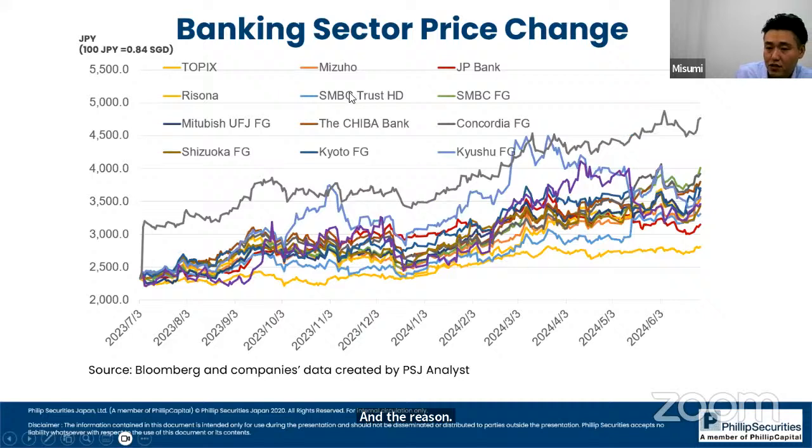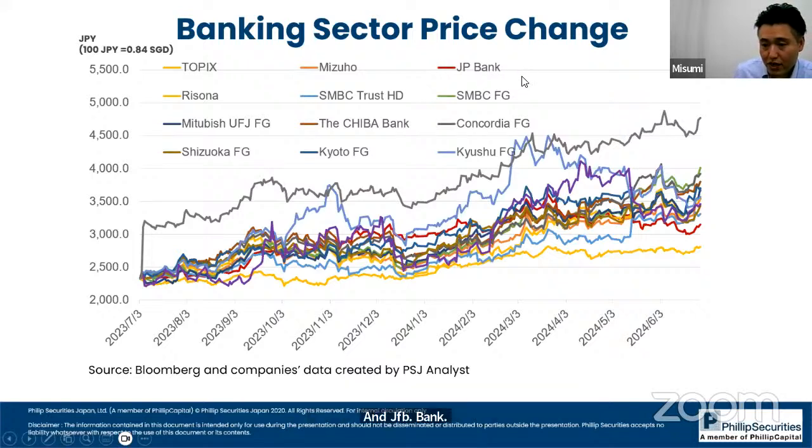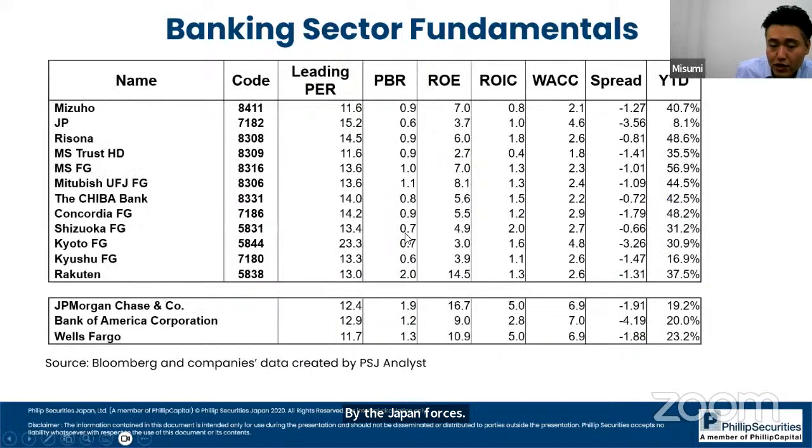Most of the banks chosen are the largest-cap megabanks, or regional banks like Chiba Bank, Kyoto Financial Group, Concordia Financial Group, and Kyushu Financial Group for the regional banks in Japan. And JP Bank is the banking arm of Japan Post.